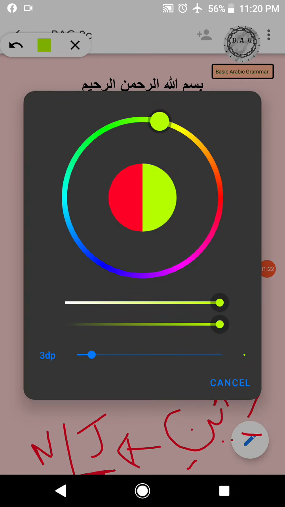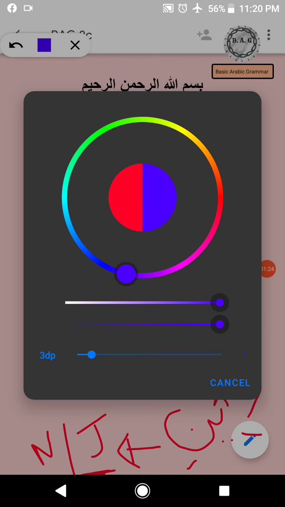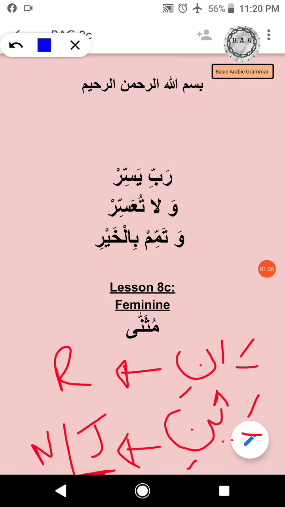So these were the two suffixes that we learned for masculine. Now what's different in feminine musanna is something very simple. The only thing that we're going to do is add a ta in the beginning. So in masculine we had the ani and aini suffixes, and in feminine we are going to have tani or taini suffixes.